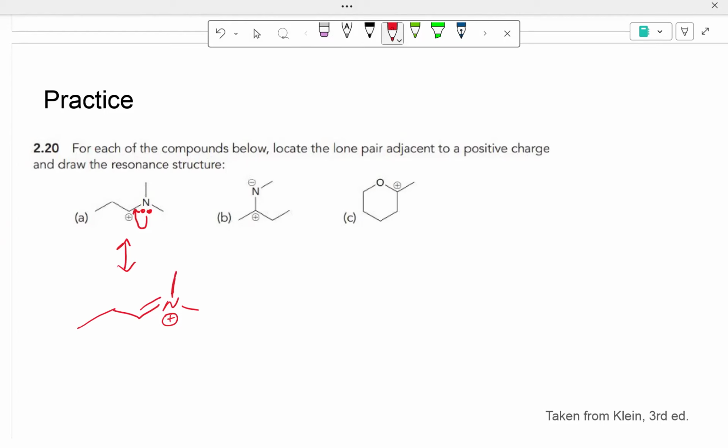Now let's look at B. First thing is we're going to draw in the lone pairs on the nitrogen. Now it's shown there that the nitrogen is negatively charged. How many lone pairs does a negatively charged nitrogen have? Should start out with two lone pairs. And the common pattern, move it down to form a pi bond.